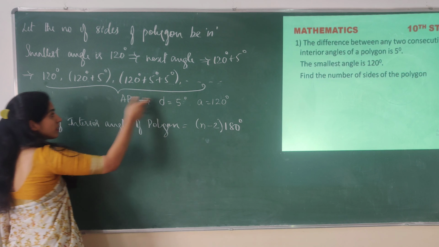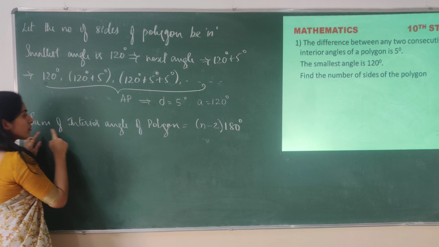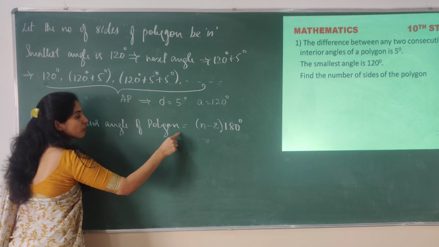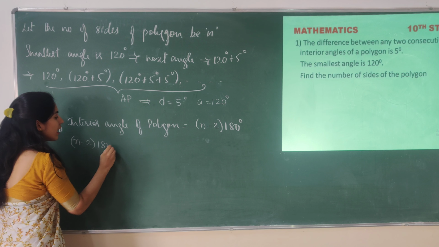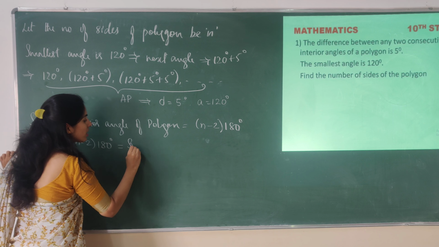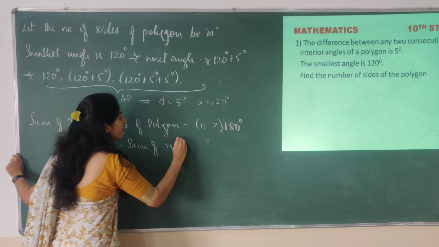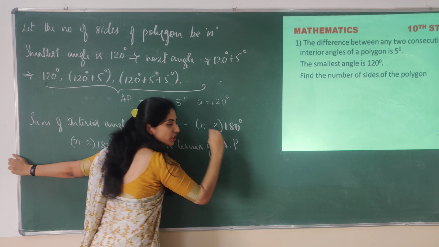So if we sum up this AP, we get the sum of interior angles, which is the sum of n terms of the given arithmetic progression.